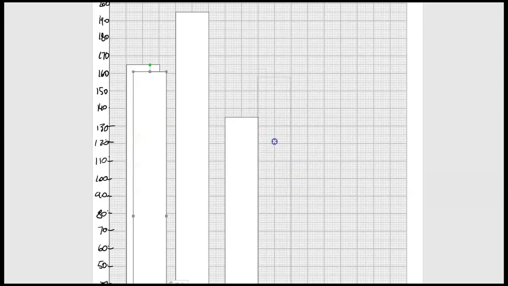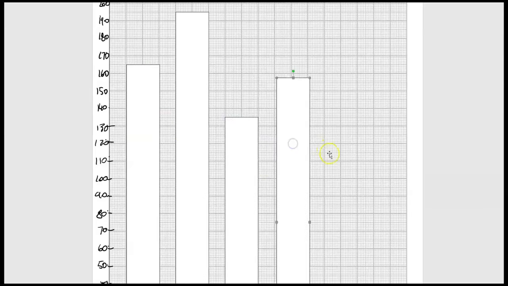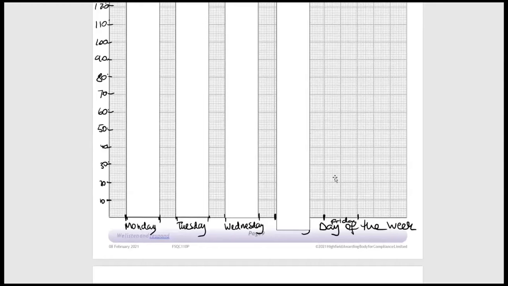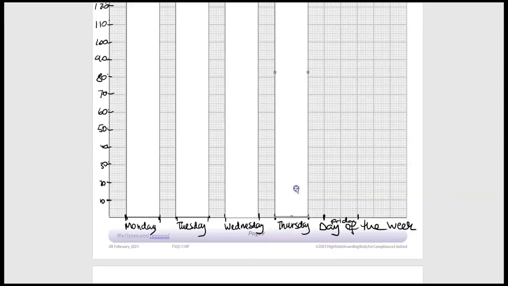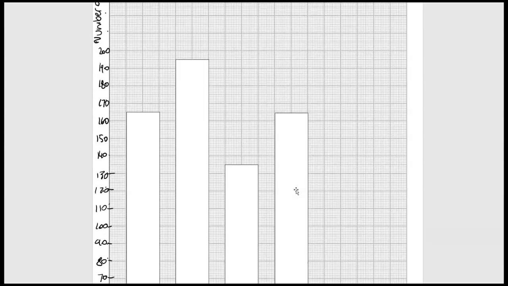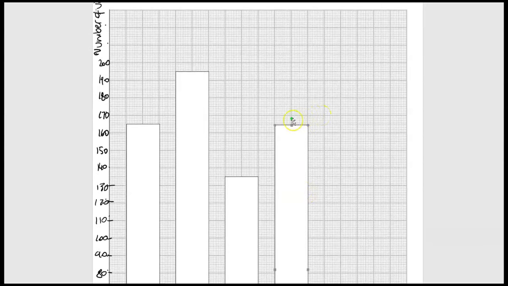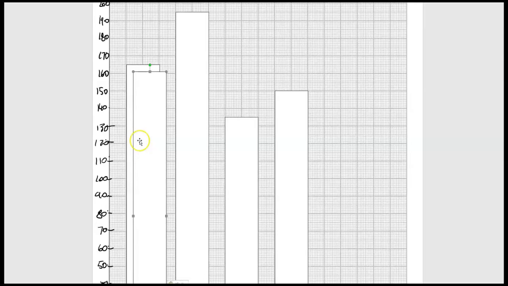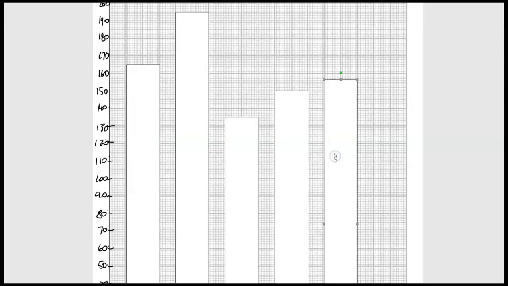Now 150 for Thursday, and 180 for Friday.